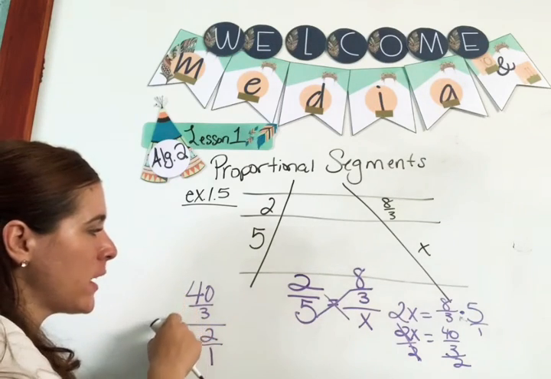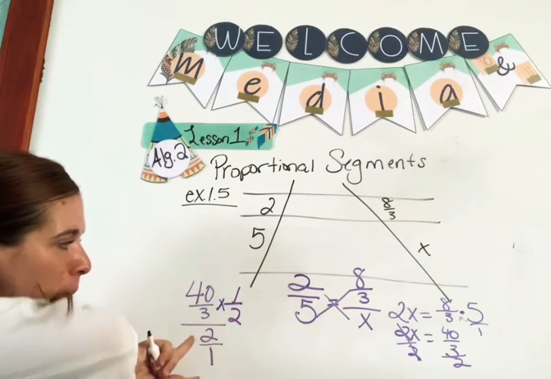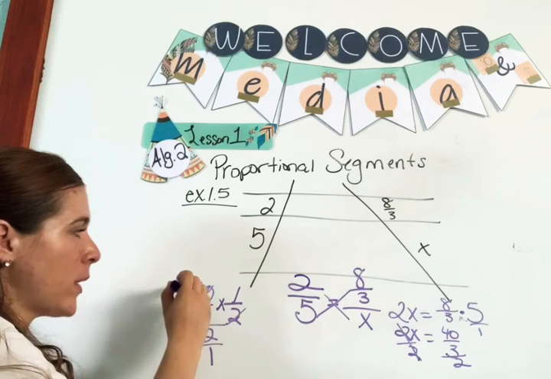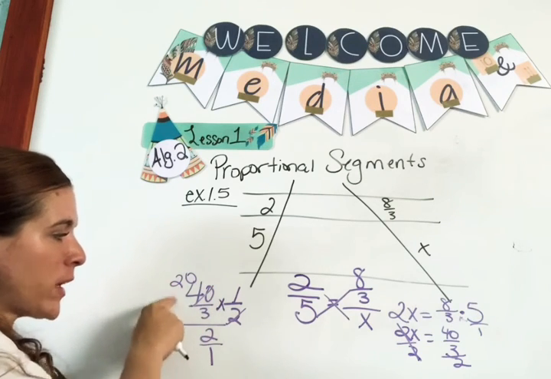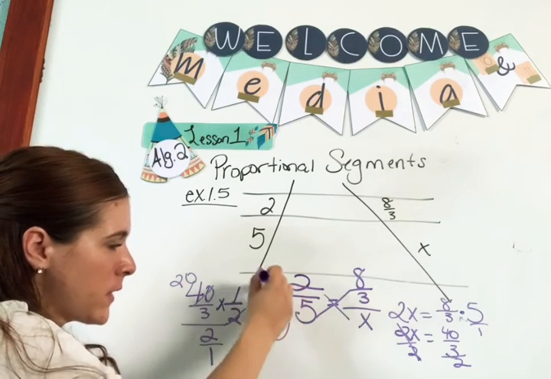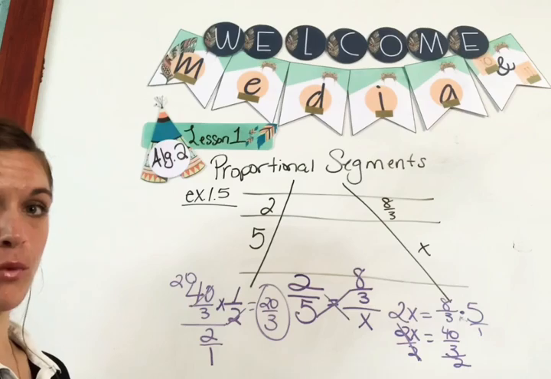So you got 40/3 times 1/2. You flip-flop and multiply on the top. So then you can cancel. 2 and 2, that's 20. And you got 20/3 is your answer. We check to make sure that we got it right. That's supposed to be your x, and boom, we did get it right. Okay?